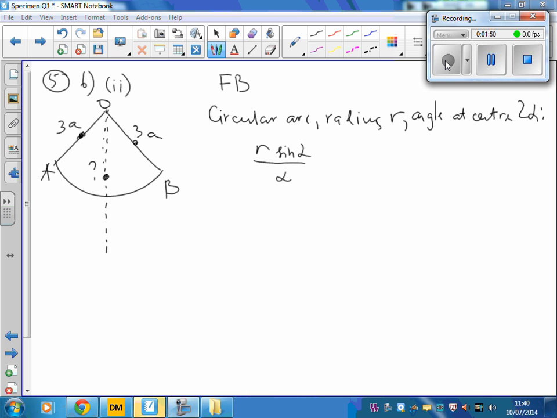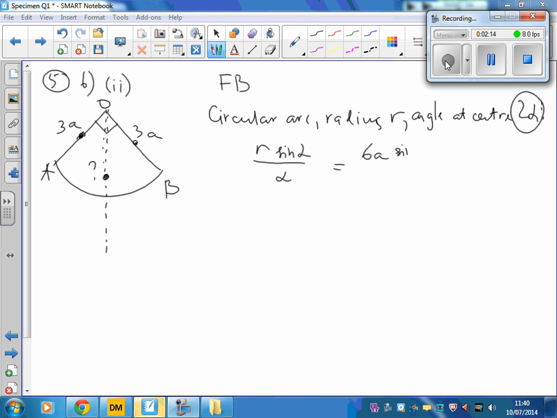Now we can substitute the values we've got in our case. r is 6a. Now the angle subtended by the arc is 90 degrees. We have to use half of this angle in our formula, which is pi over 4.